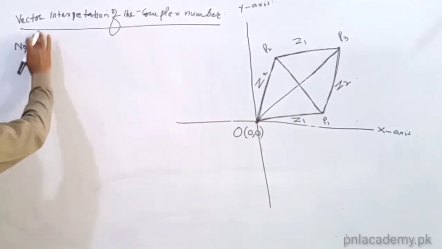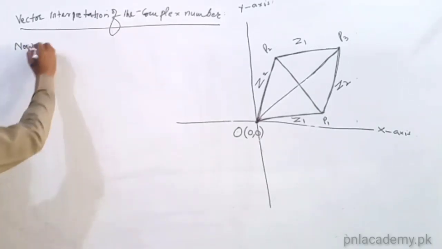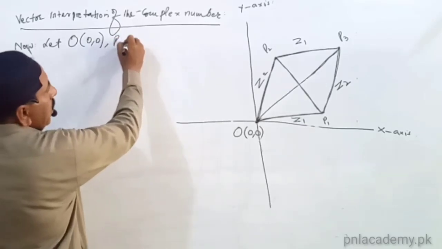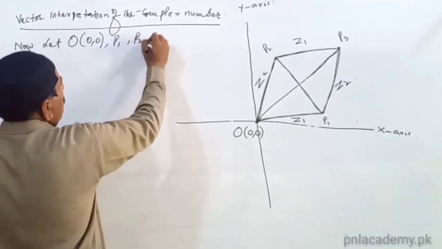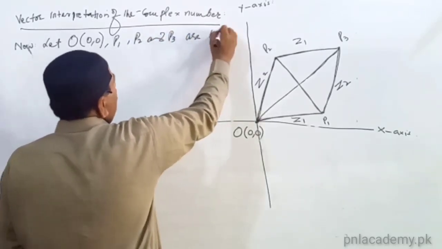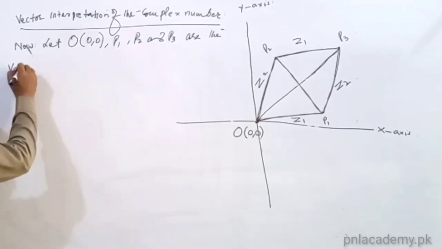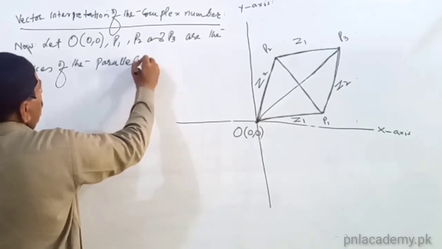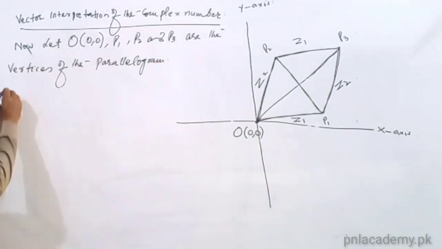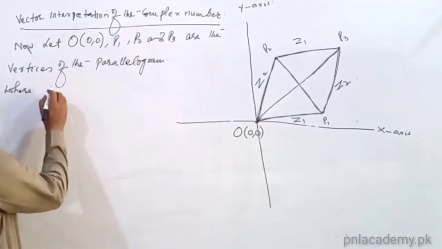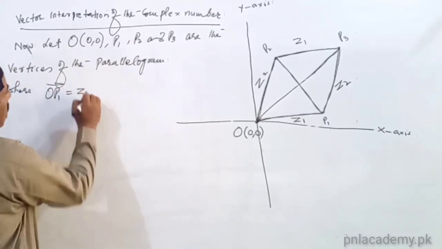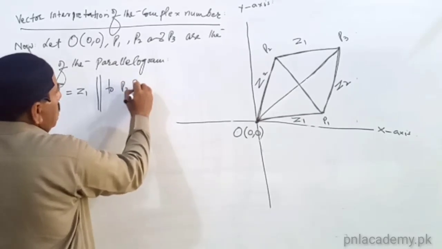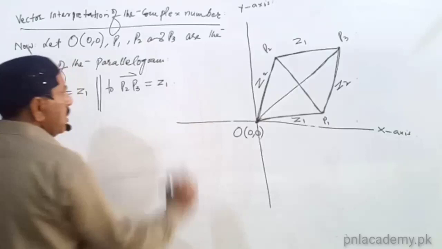Now let O (0, 0), P1, P2 and P3 be the vertices of the parallelogram, where OP1 is equal to Z1, which is parallel to P2P3, which is also Z1.